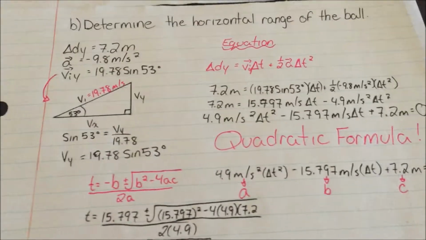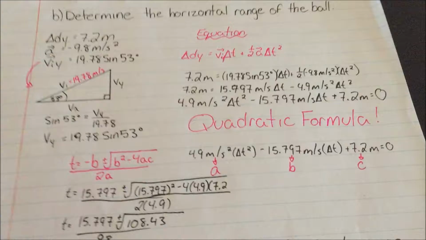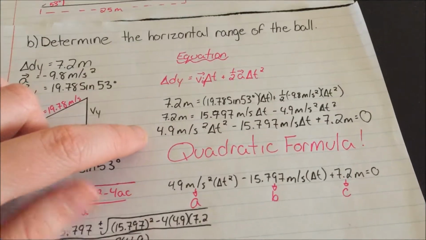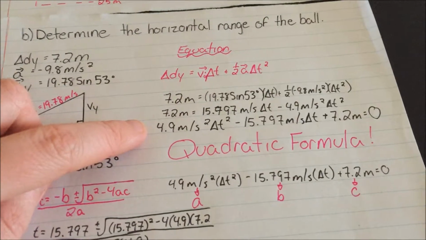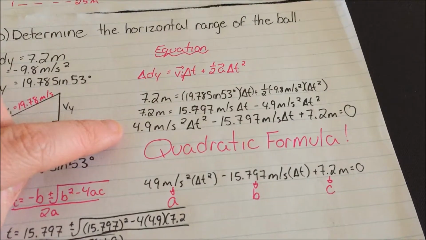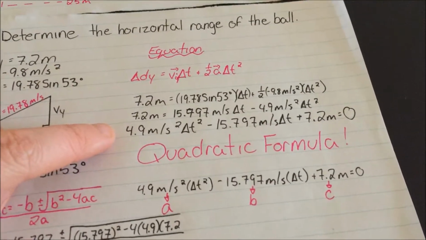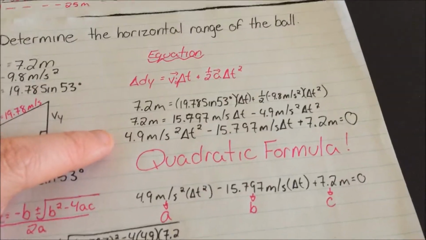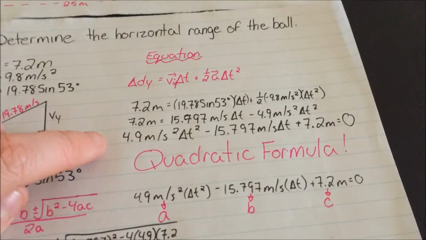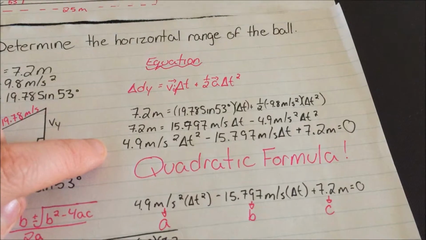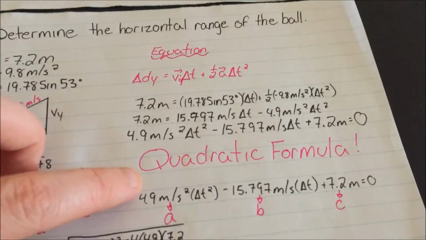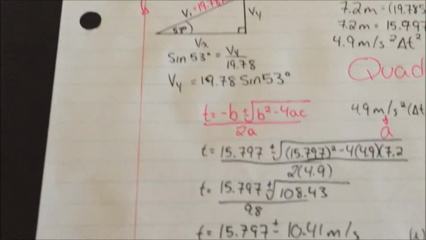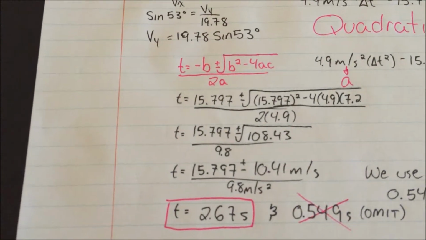Now you can put in all of the numbers, and what it comes out to is 4.9 meters per second squared times change in time squared, subtract 15.797 meters per second times change in time, plus 7.2 meters is equal to 0. This is a quadratic equation, and in order to solve this, we need to use the quadratic formula, which I have written right there.